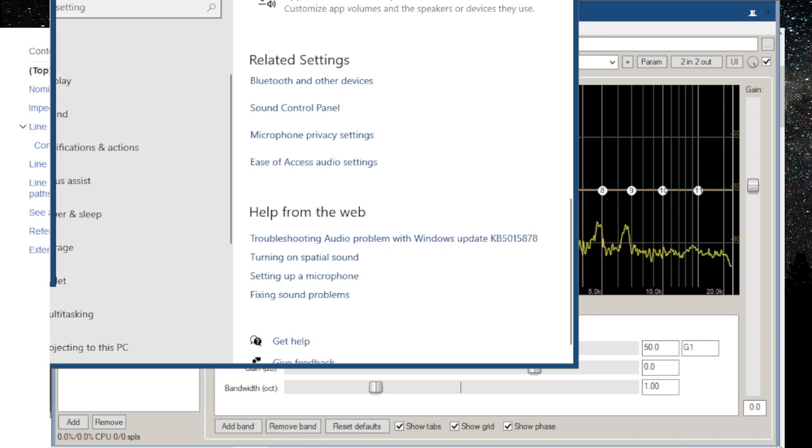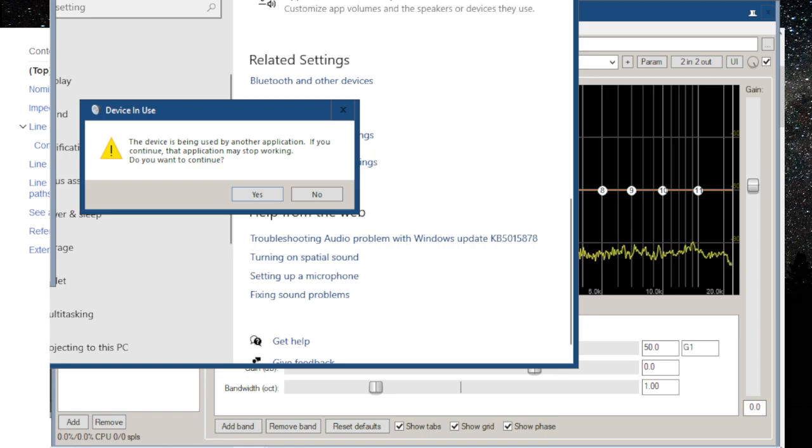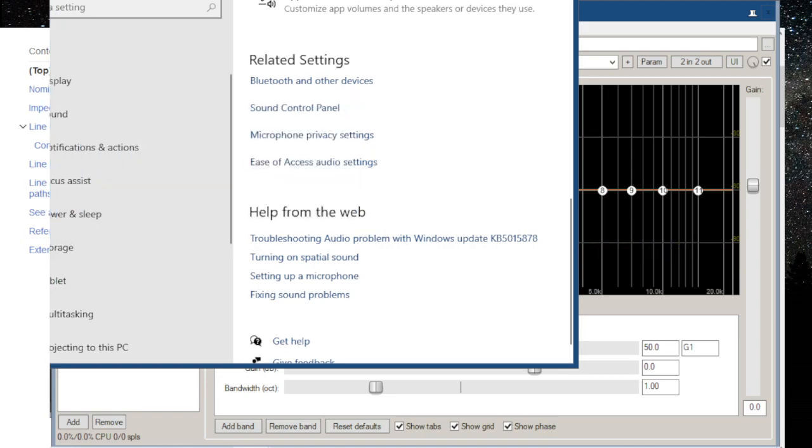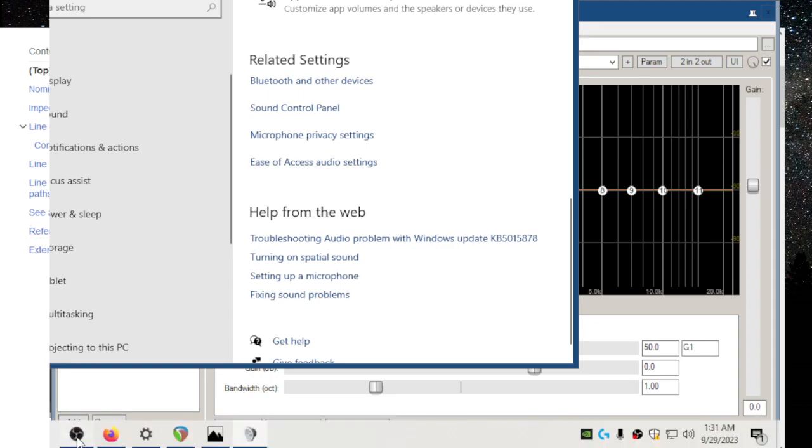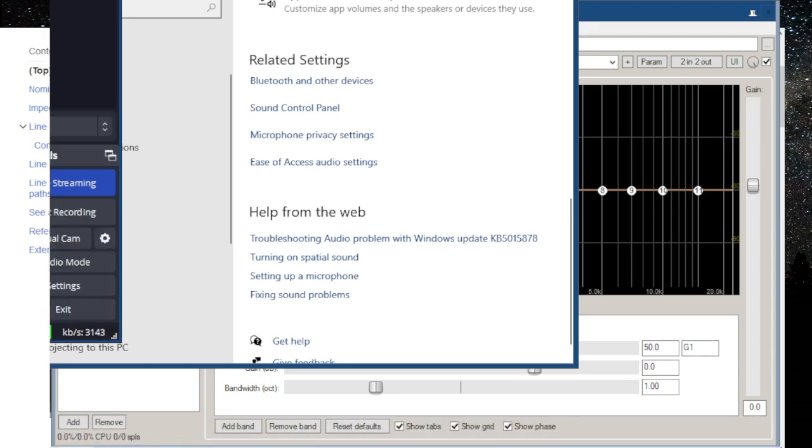It's got audio enhancements enabled. I can't hear myself. I think my sound just died.